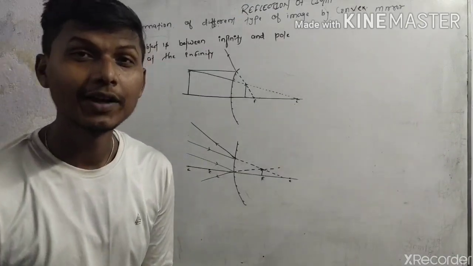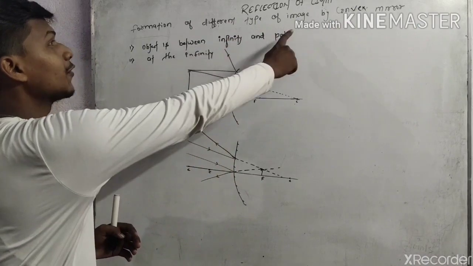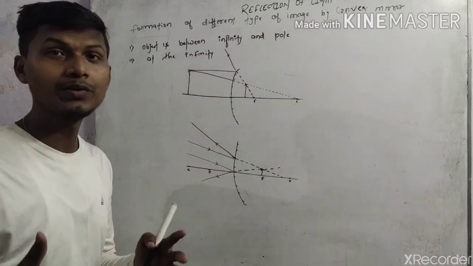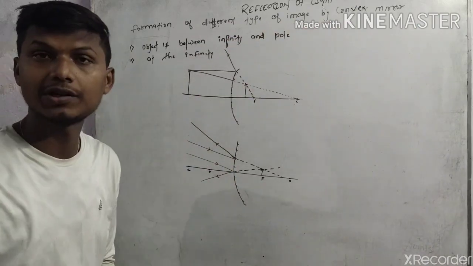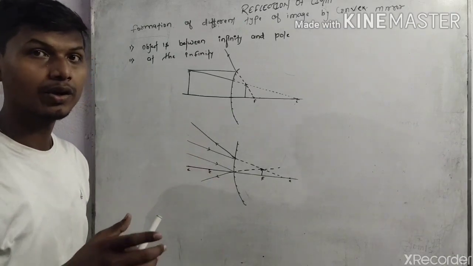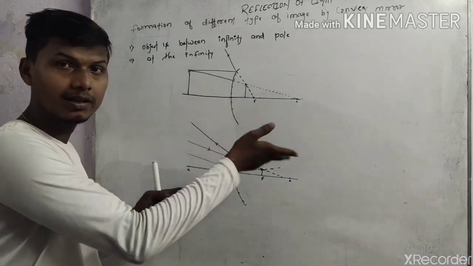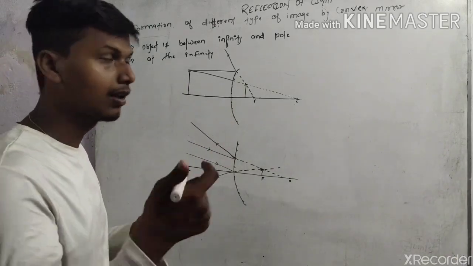So now we have come to the end of this part, where we learned the formation of images by a concave mirror. We know that there are only two cases we have to study in class 10th for the image formed by a convex mirror. Okay, we will see something that will help us in understanding this diagram well.